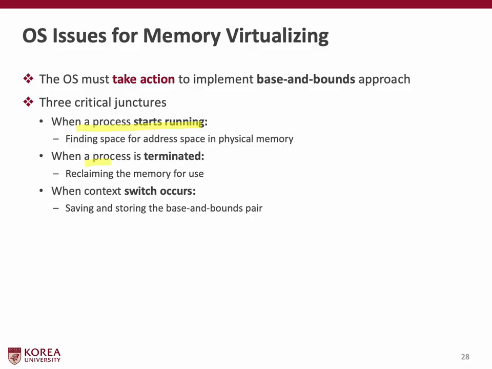Second, when a process is terminated, the OS must reclaim the memory used by the process so it can be reused later. And finally, when a context switch occurs, the OS needs to save and restore the base and bounds values for each process. So these three moments are when the OS directly interacts with the memory management hardware.